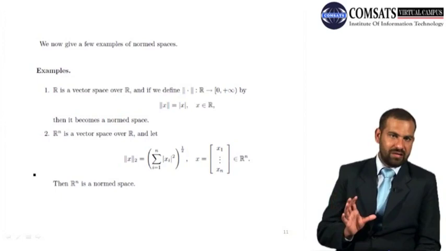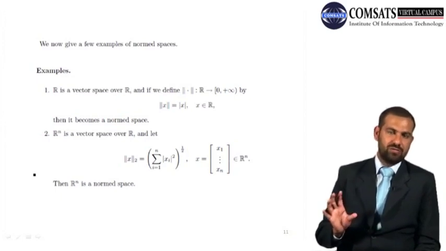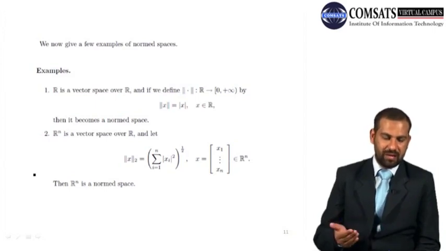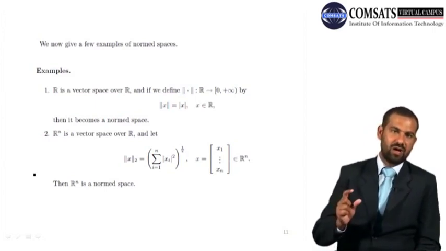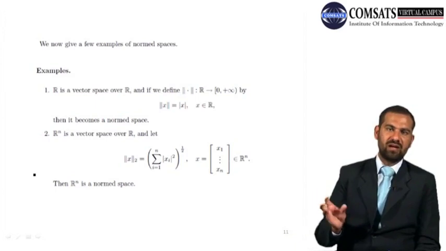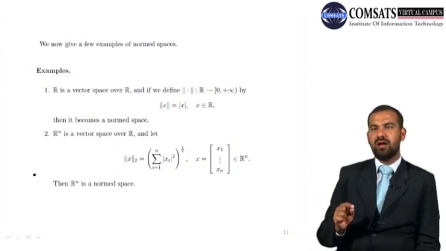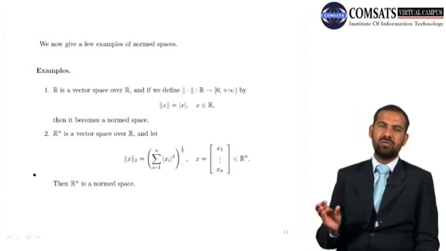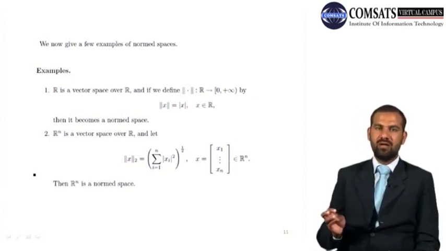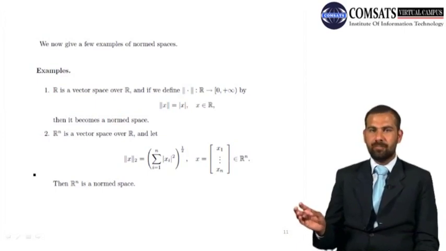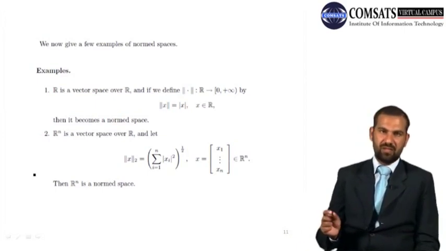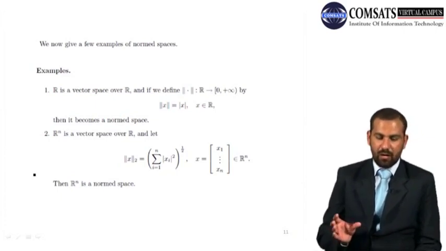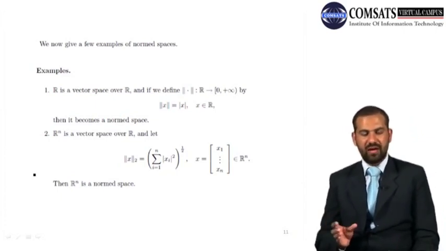Also the triangle inequality holds for the mod function, and similarly the third one: the mod of alpha x, where alpha is a real number and x is a real number, is equal to the mod of alpha times the mod of x.